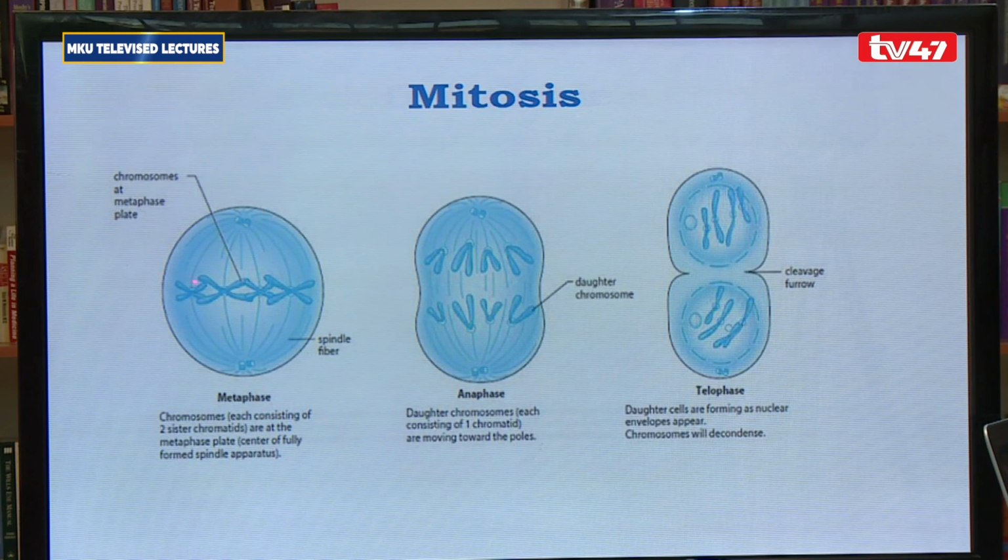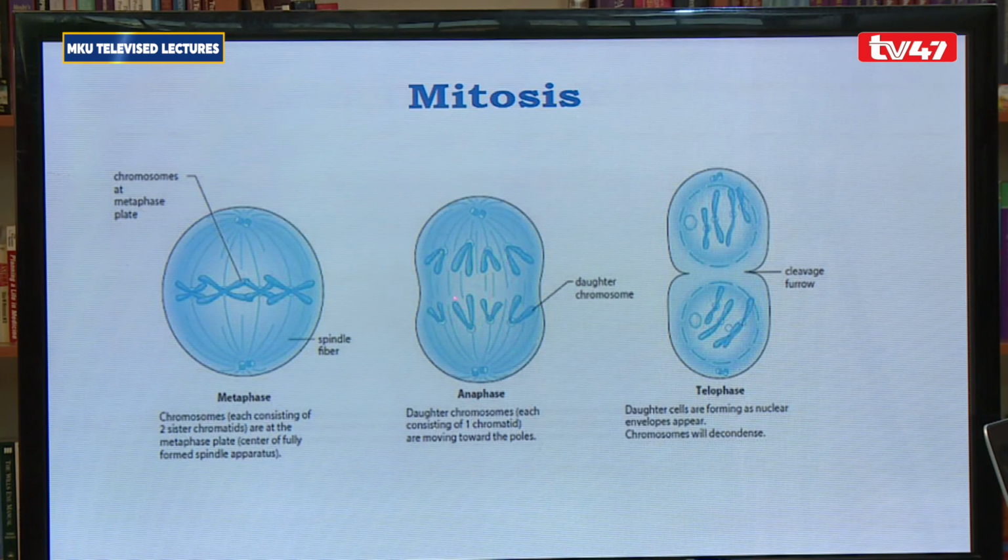At metaphase, the chromosomes now are aligned at the central part of the cell, which we are calling the metaphase plate. And you can see they are attached to the spindle fiber like that, so that when you have anaphase here, the next step, the spindle fibers pull apart so that these two sister chromatids, this is chromatid 1, chromatid 2, they are separated from the centromere here.